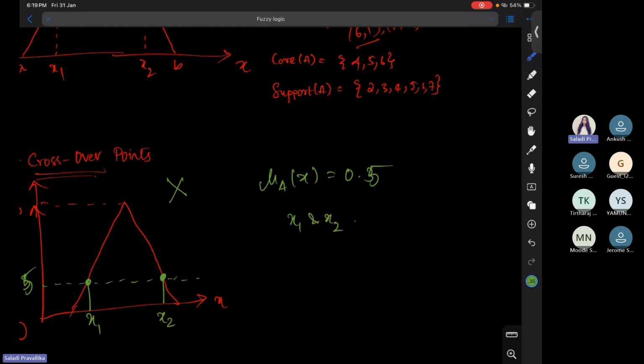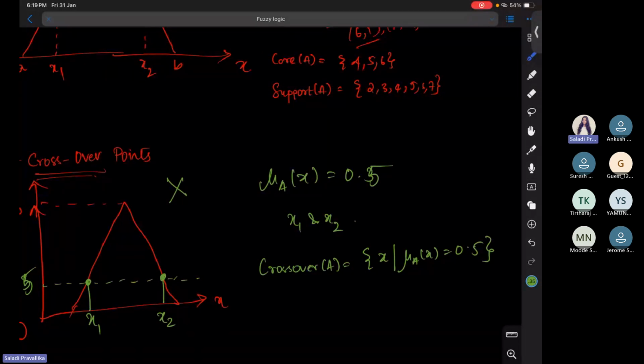So we have to write it in our representation form. Then we say the crossover of A is equal to x such that mu A of x is equal to 0.5.